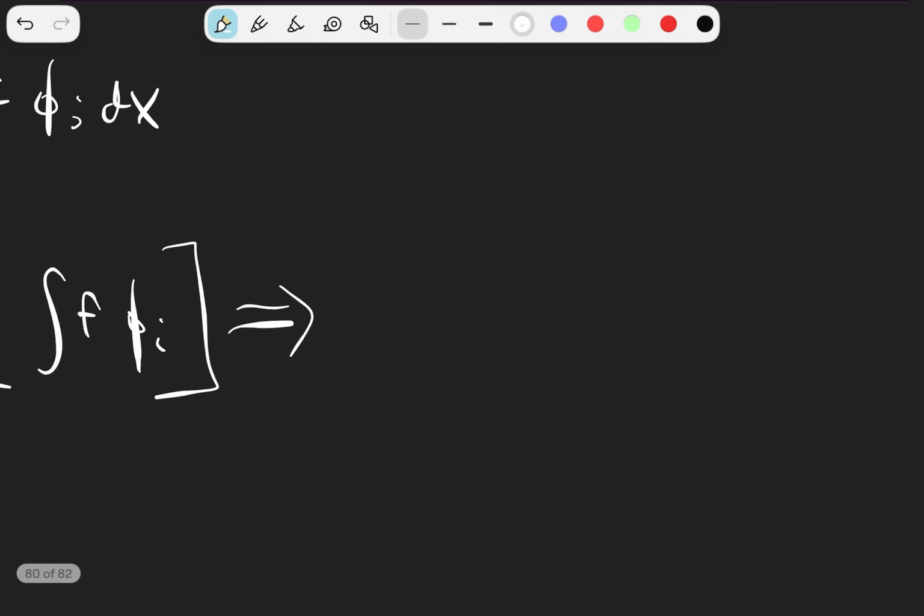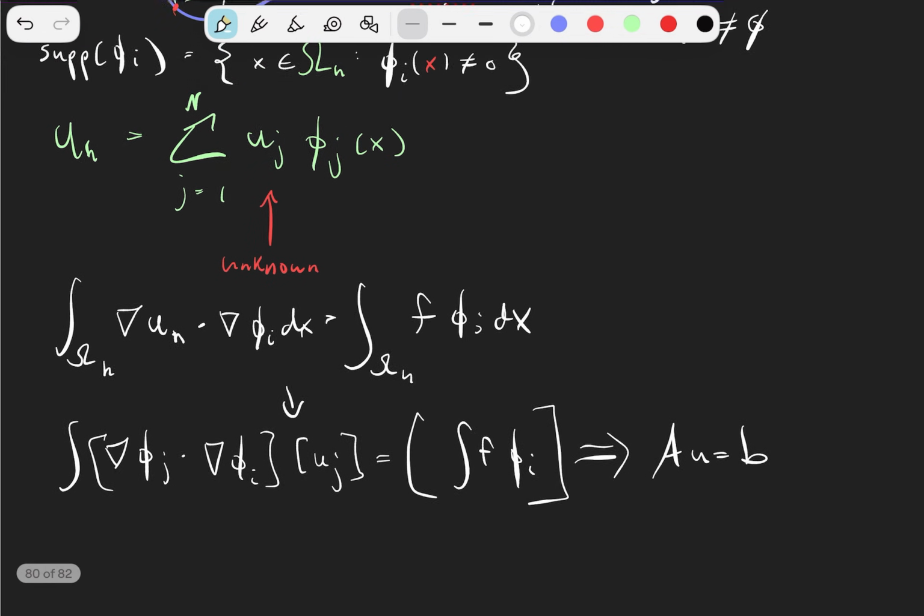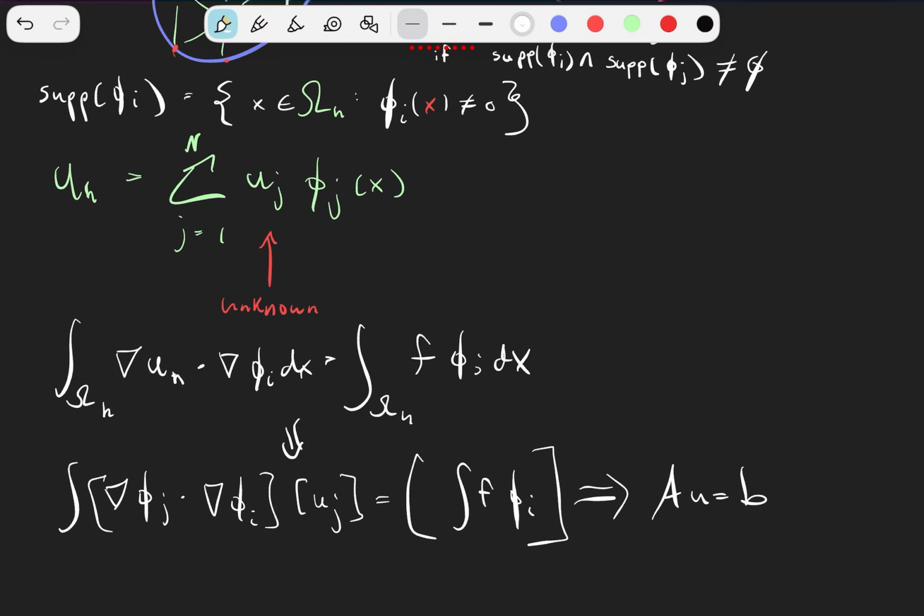And this implies really just some linear equation. So hopefully you can see how the Galerkin method really allows us to do such a thing.